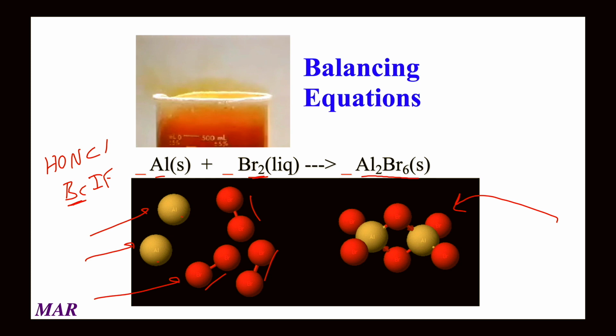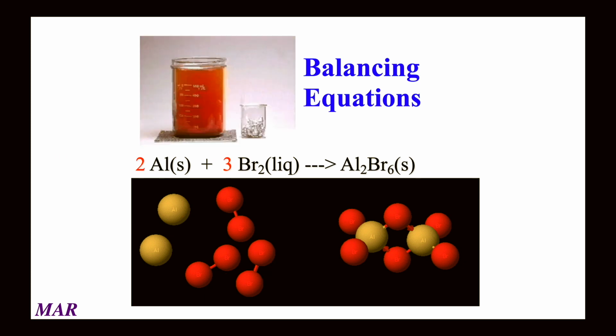So when we want to fill in these coefficients, all right, we're going to have 2 aluminums because there's 2 gold atoms and 3 Br2s because that's how many bromines we need to make 1 Al2Br6. And you don't usually write a 1, but that's what you would do. And so when this reaction is written as balanced, 2, 3, and an invisible 1 would be our coefficients.